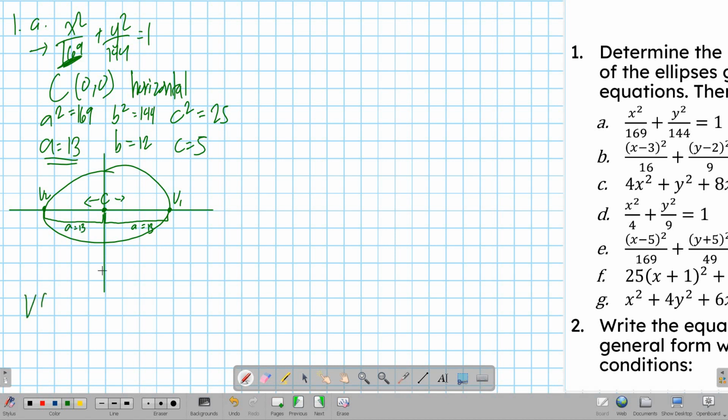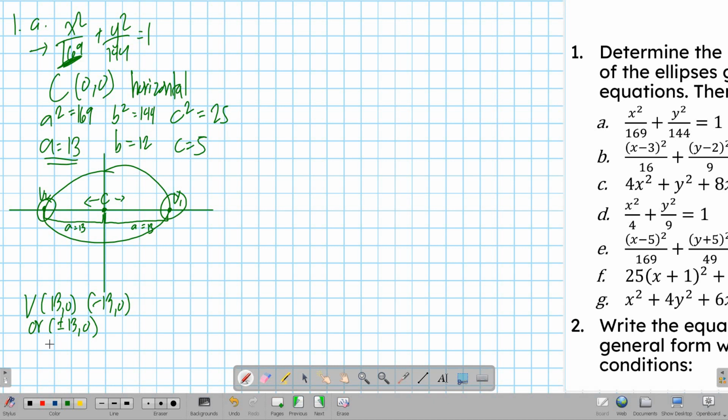Therefore, the coordinates of your vertices would be 13, 0, 13 units to the right of 0, 0, and negative 13, 0, 13 units to the left of 0, 0. So now we have our vertices, which can also be written as plus minus 13, 0, since we have 13, 0, and negative 13, 0.